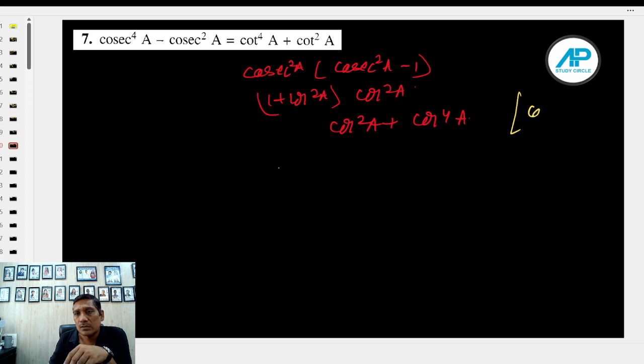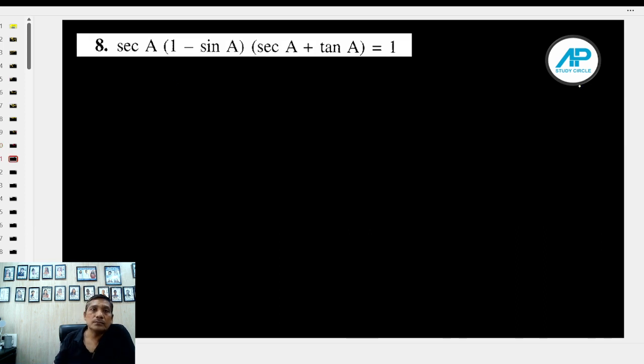So INT use cos square a minus cot square a equals to 1. I hope it's clear to you. Now, sec a into 1 minus sine a, sec a plus tan a equals to 1.